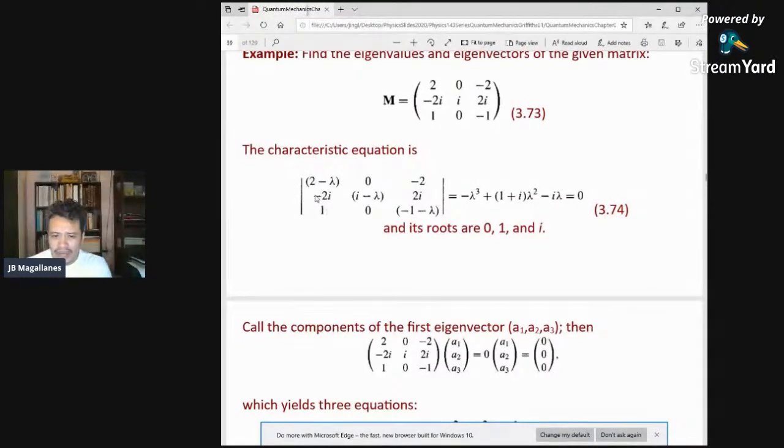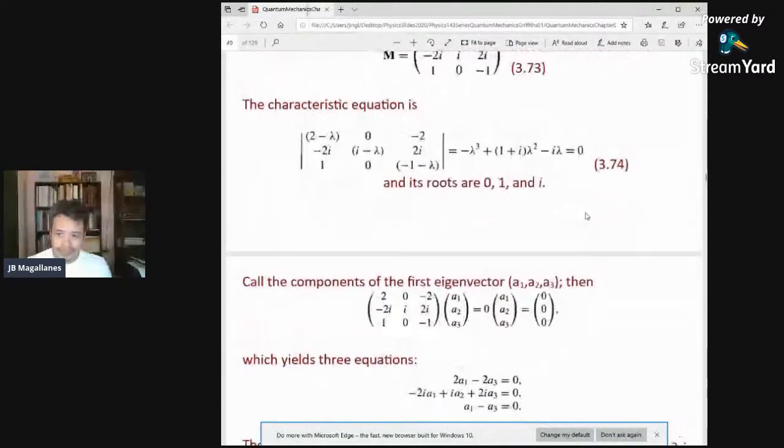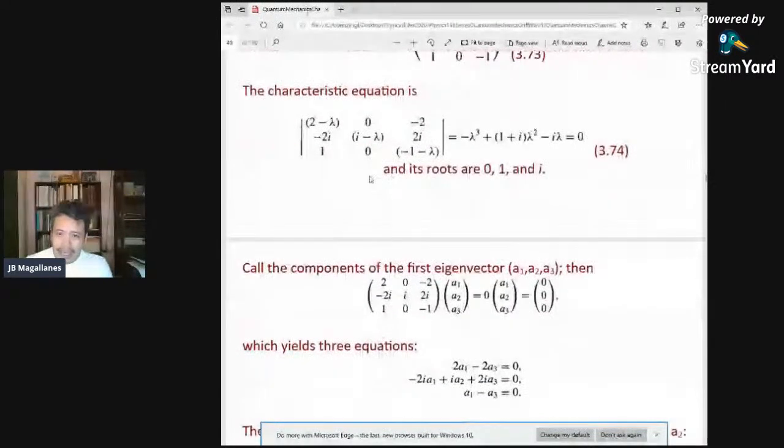I know you have experienced that before. And so you have this characteristic equation: negative lambda cubed plus (1 plus i) lambda squared minus i lambda equals 0. And its roots are 0, 1, and i.